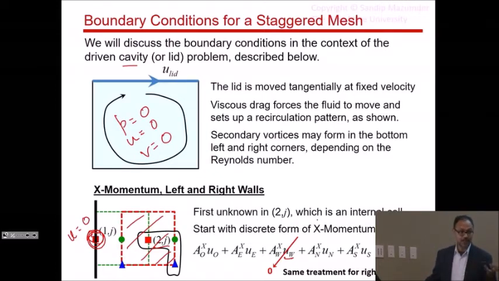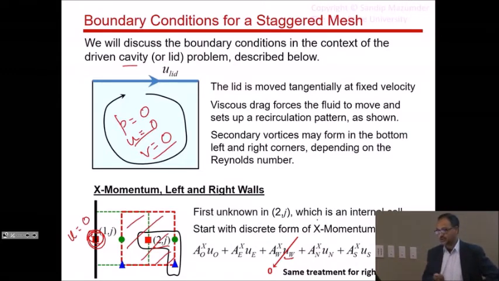You're guessing that gauge pressure is 0, which means pressure is uniform everywhere at whatever the reference value is. All right? And then you're setting U equal to 0, V equal to 0. Now, if you think about it, if I use those as my initial guesses, a couple of things are going to happen, and this is where you need to really have a good understanding of how your code works and how you debug it.